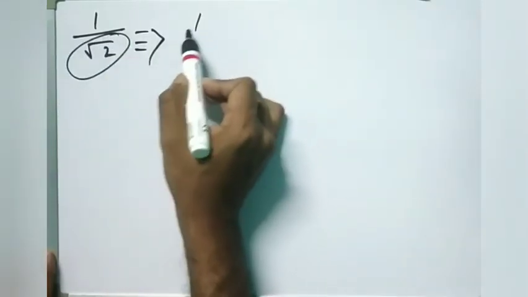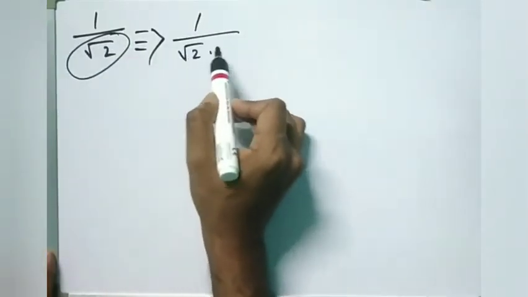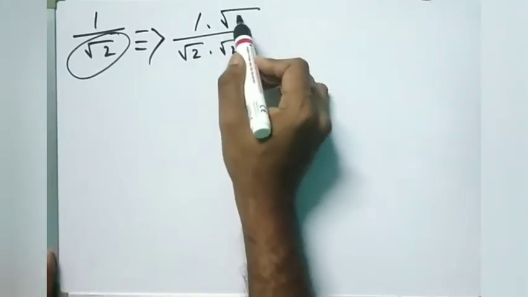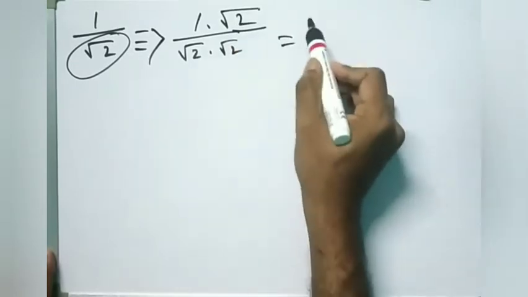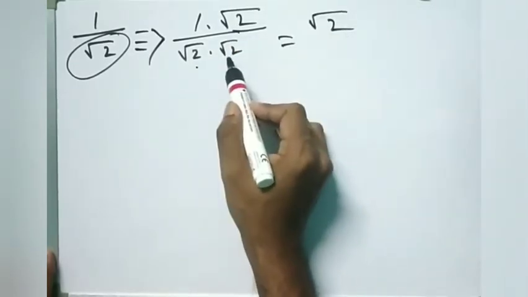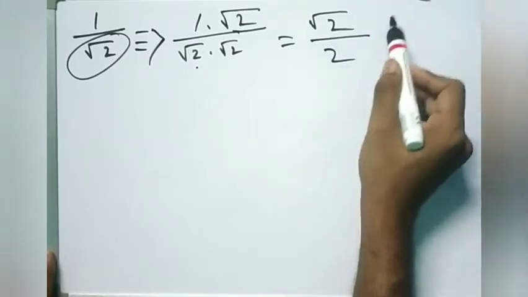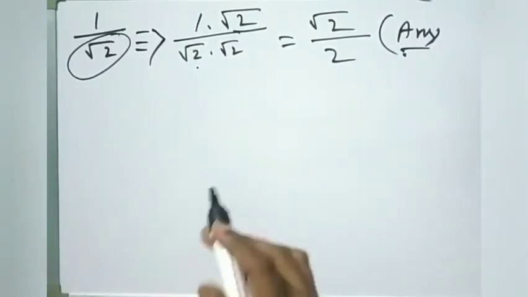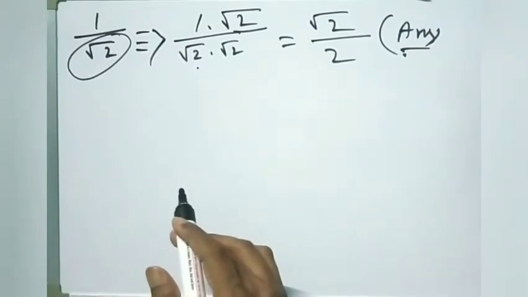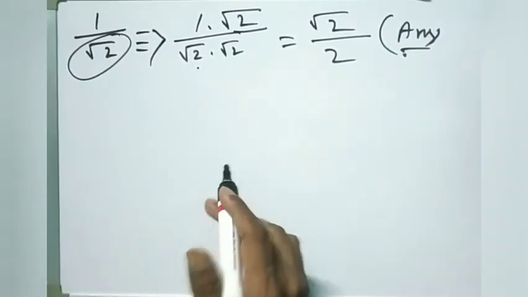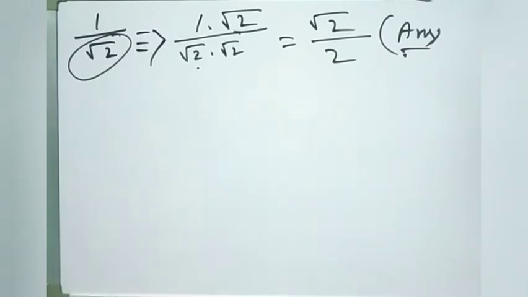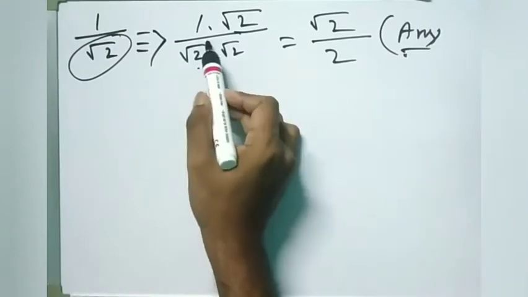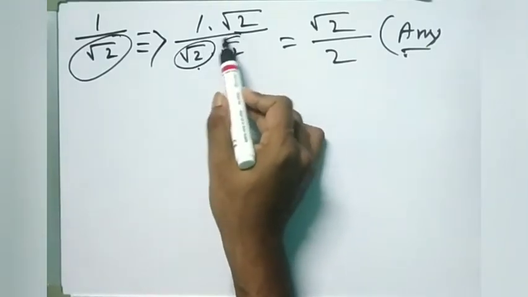So we have to multiply by root 2 in the denominator as well as the numerator. So we'll get root 2. Now root 2 into root 2 equal to 2. So this is the answer. So remember that if you have been asked to rationalize the denominator, you have to multiply the denominator and numerator with the same number that is in the denominator.